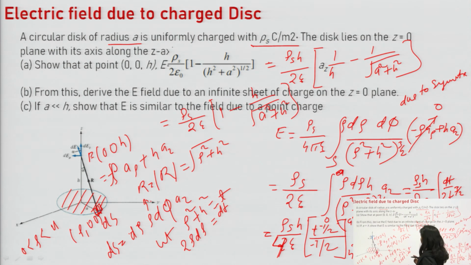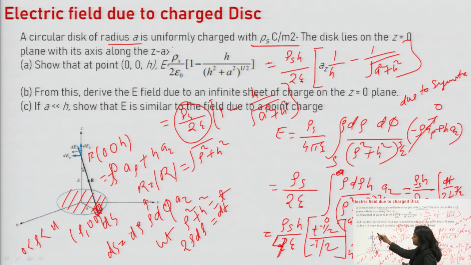Further, derive the E field due to an infinite sheet of charge. For that we need to replace this a with infinity. In that case this term will be 0 and we will be left with this term only, which is the electric field value for an infinite sheet of charge.